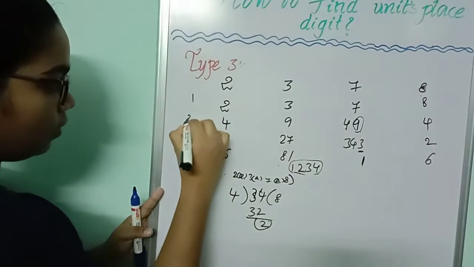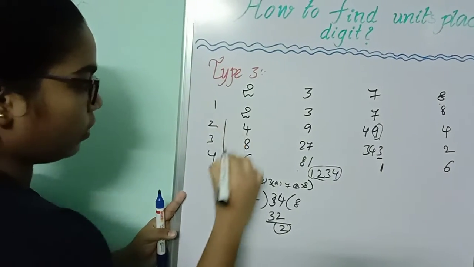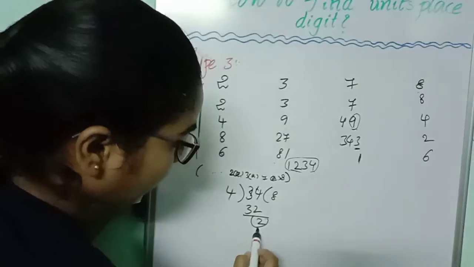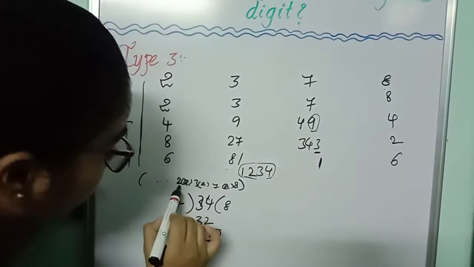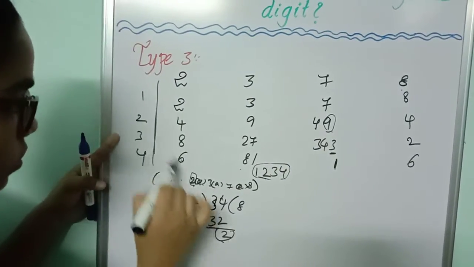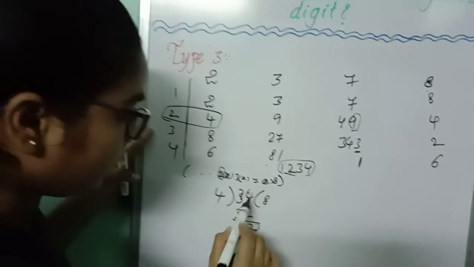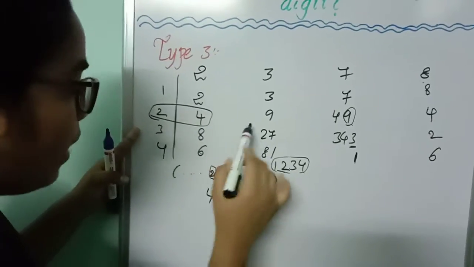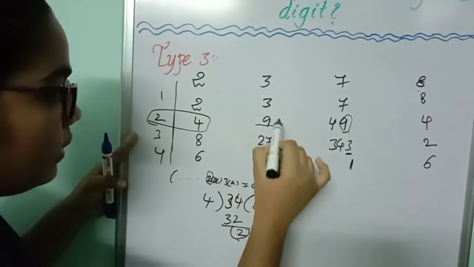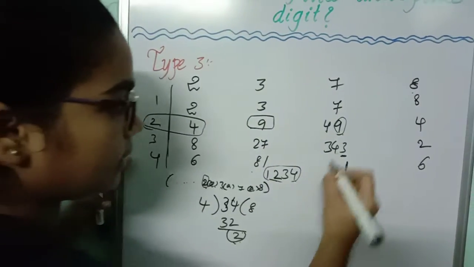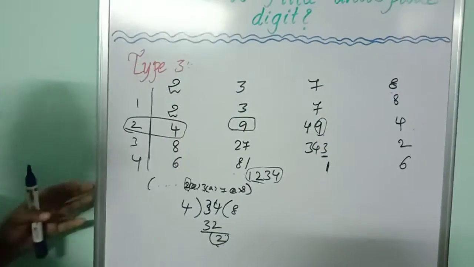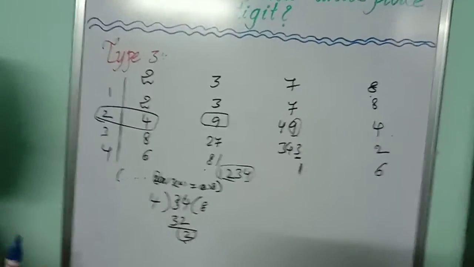So if the remainder is 2 and the last digit is 2, then the unit digit is 4. If the remainder is 2 and the unit digit is 3, then the unit digit is 9. Same for 9, 4. Now let us see examples in type 3.